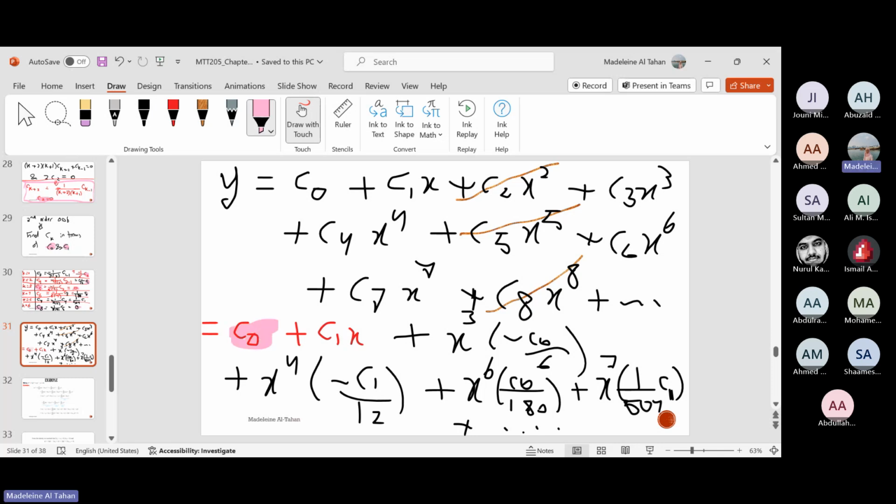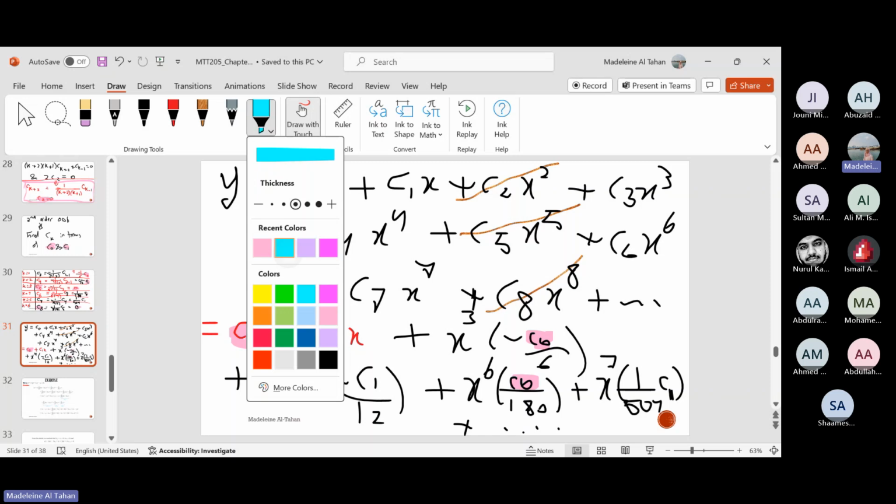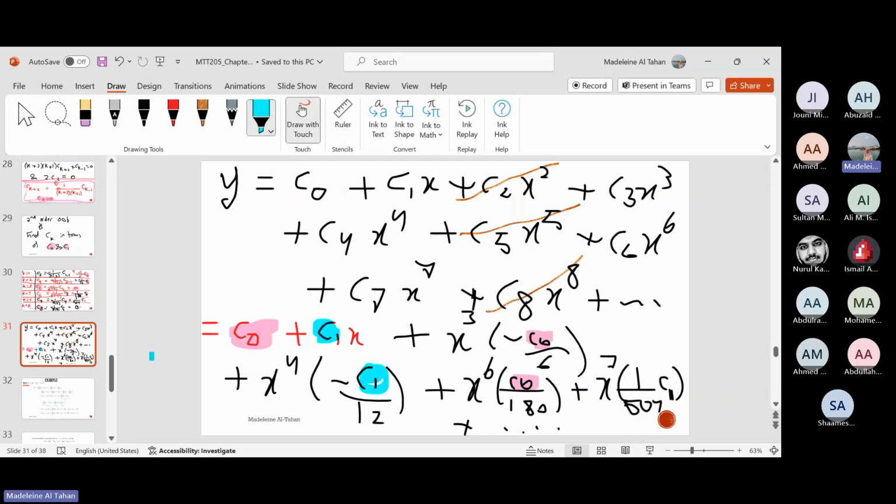The C0s, we will highlight them in a color, and the C1s we will highlight in another color. We will collect the C0s together, the pink together, and the blue together. Can we, miss? So please take your notes, collect the C0 alone and the C1 alone.